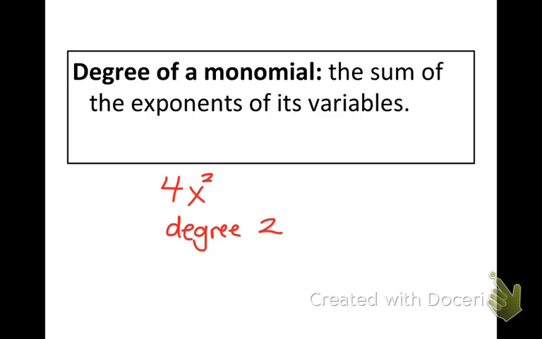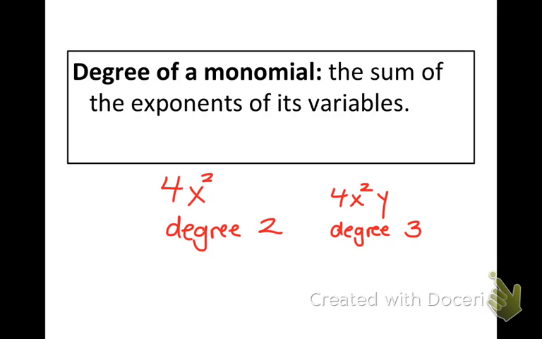If I had 4x squared y, then what would the degree be? It would be 3, the sum of the exponents of its variables, because it would be 2 plus 1.